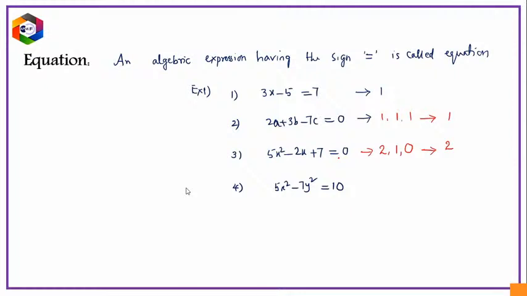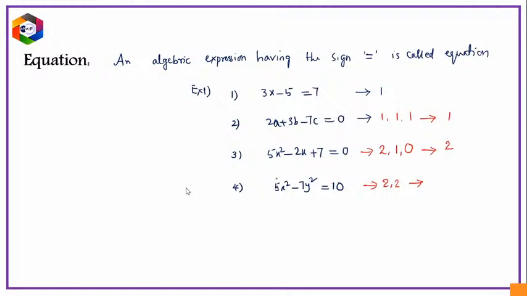That means equations may have different degrees. Some equations with one variable may have different degrees, two variables may have different degrees, or three or more variables may have different degrees. And finally, one more example we will discuss. 5x square minus 7y square. Here the first term is 5x square and the degree of this first term is 2, and the second one is 2, and among that the highest value is 2 itself.